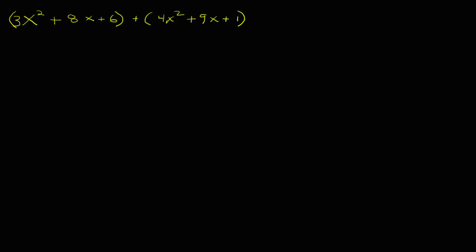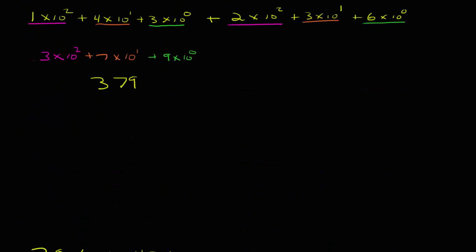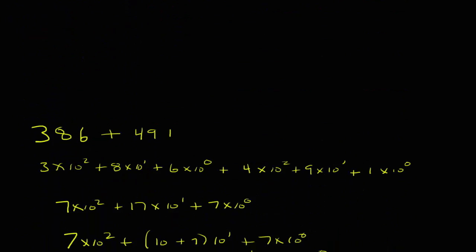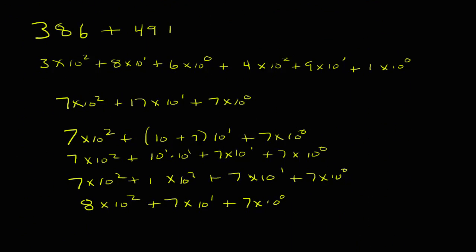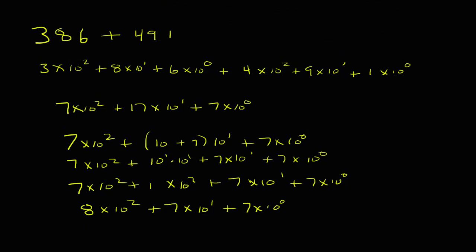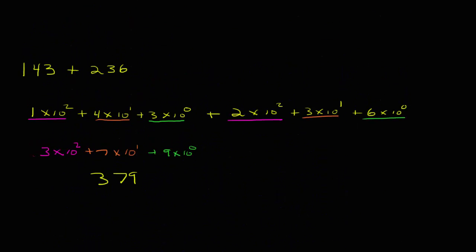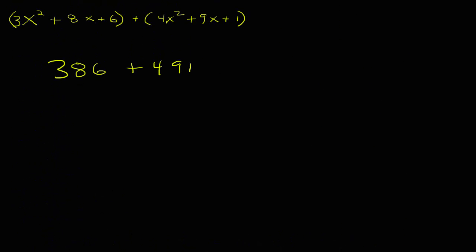This problem is 386 plus 491 in expanded notation. And that's exactly what we did right down here. Only with the polynomials, we don't have to regroup our 17x. Our final answer would be 7x squared plus 17x plus 7, and we're done.